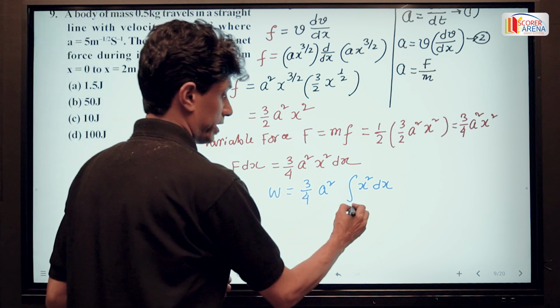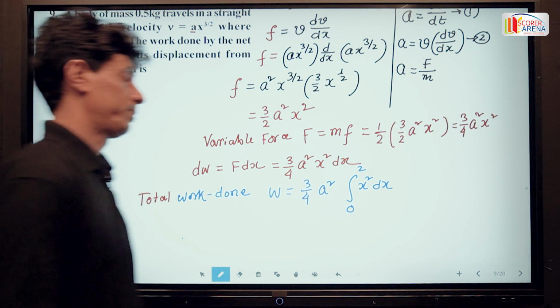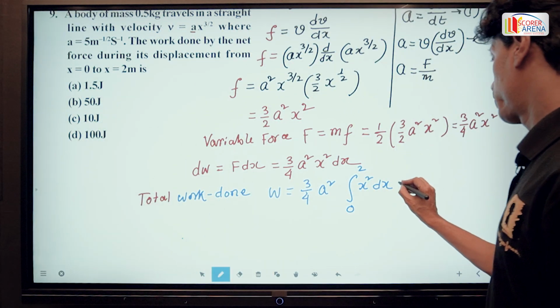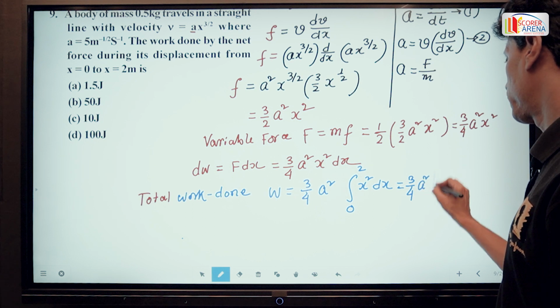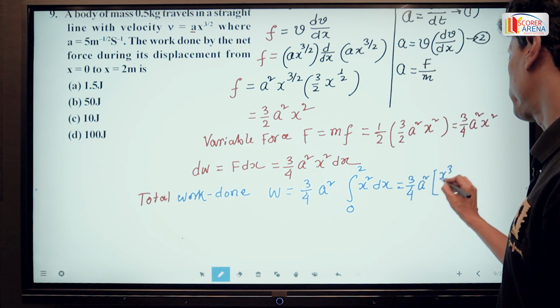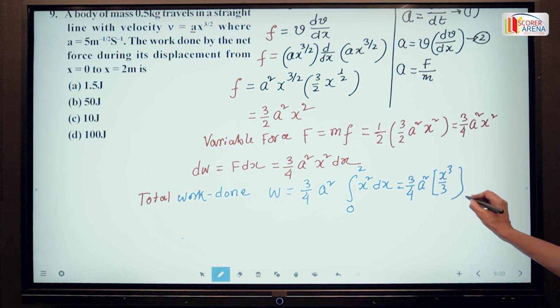It is given in the problem from 0 to 2 meter. So therefore it is 3 by 4 a square x cube by 3, on integration from 0 to 2.